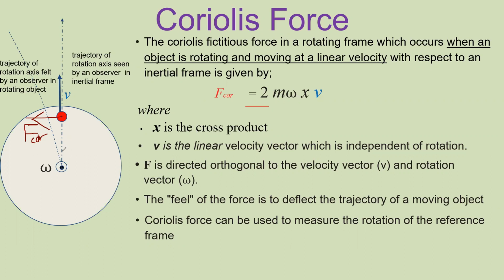So if you consider all of the points such as this, for each and every particle, a Coriolis force F will act in this direction. If a spinner spins a ball like this, for the ball there will be a force in this direction.